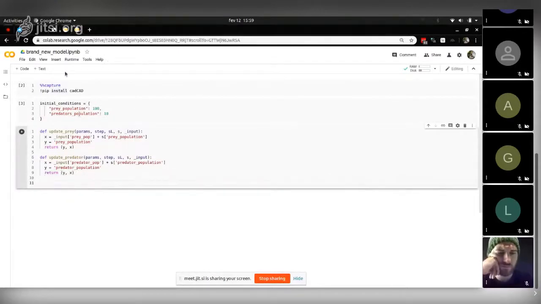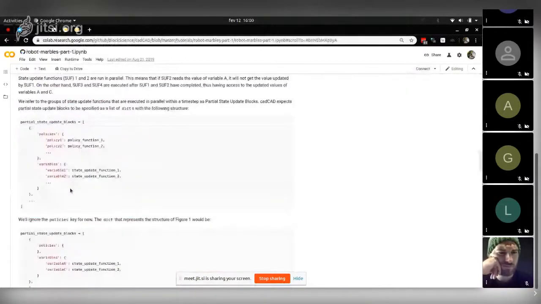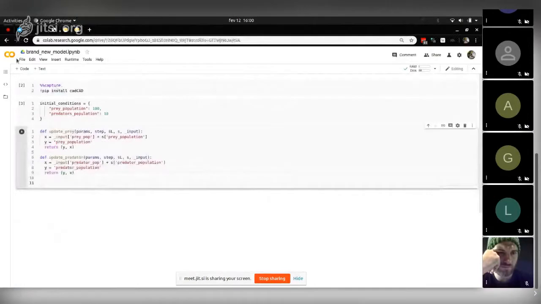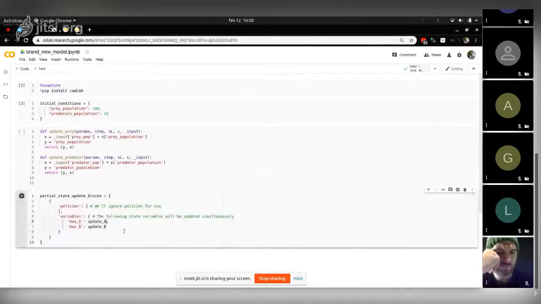As I write a state update function, I always find it useful to create the partial state update blocks definition here. The format of these blocks always needs the policies and the variables keys, and you also have to specify the name of the variables it's going to update. With the policies, you have a bit more flexibility.